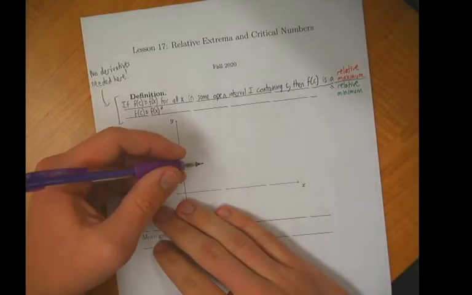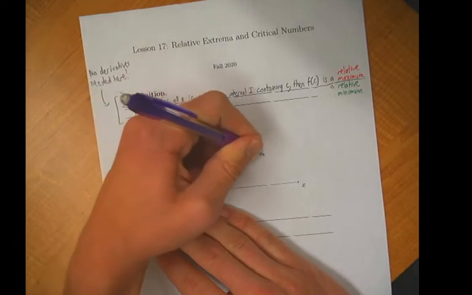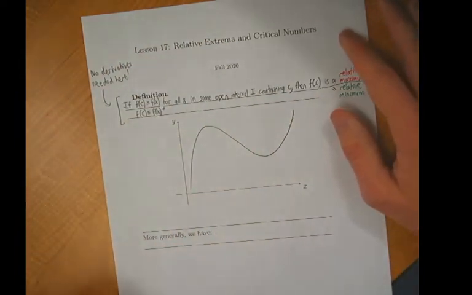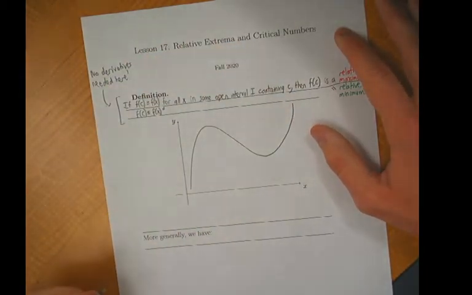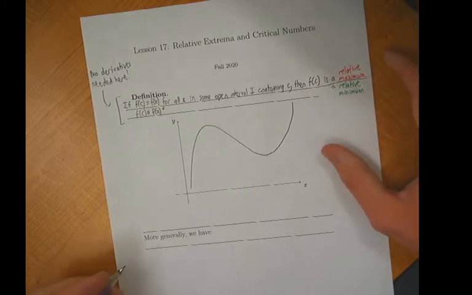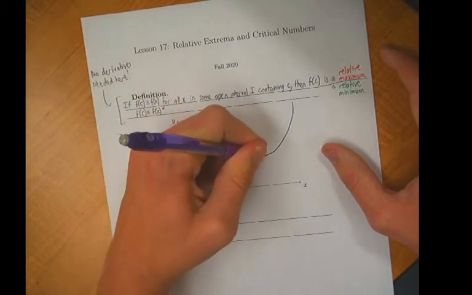Here's a picture of some function f of x. Let me just make that a little bit higher. There we go. To give you an example of what I mean by relative max and min, let's take a look at this point here and this point here.